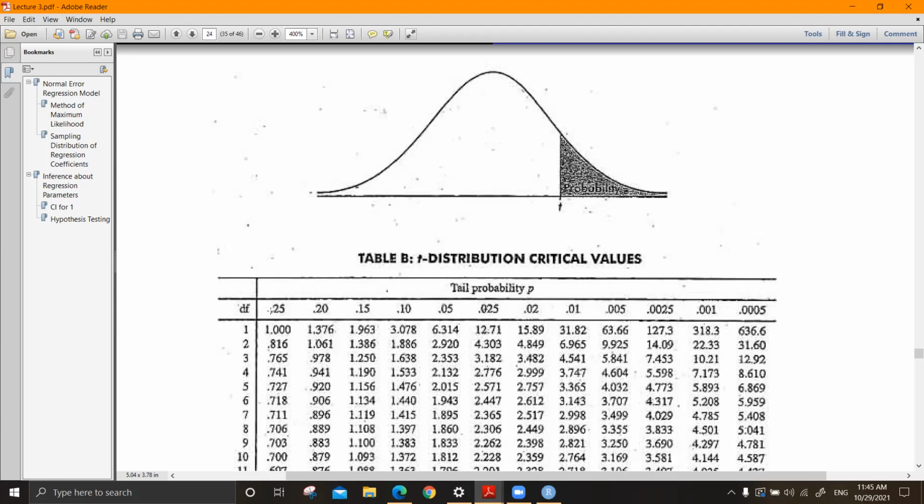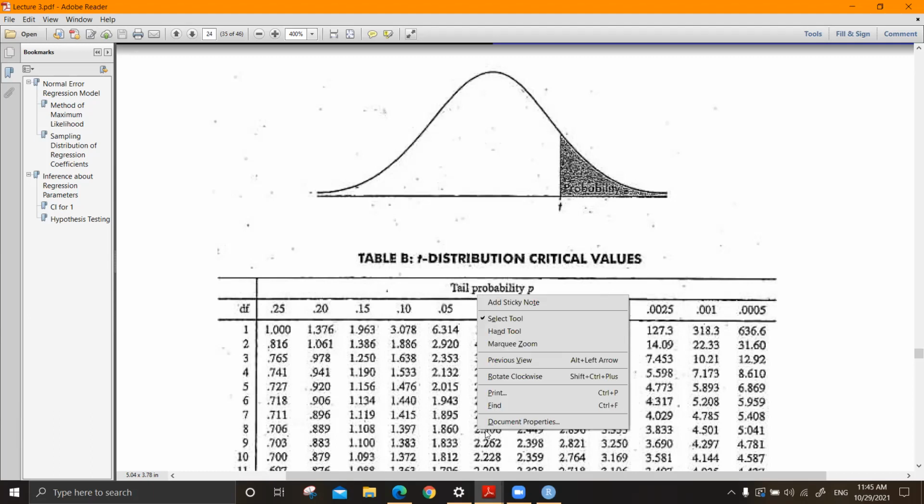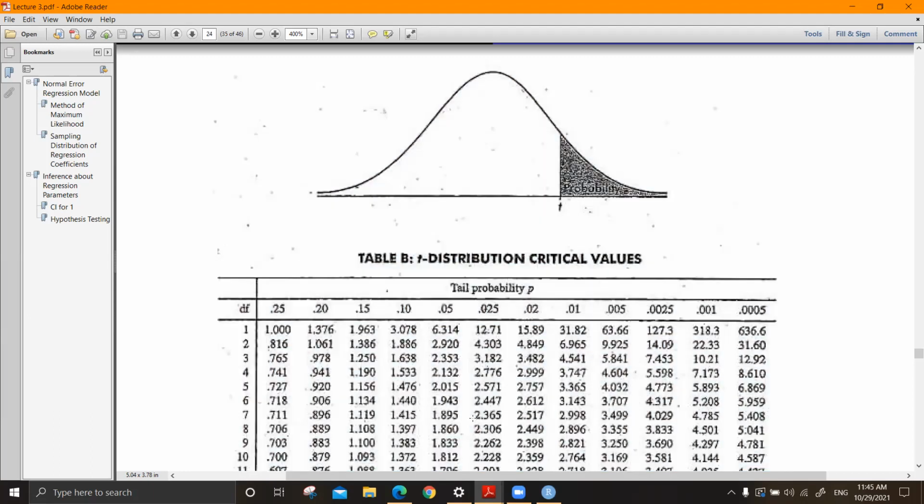Don't confuse, it's not 0.25, it is 0.025, right? So you have to go along this row, this column. So this column and 8th row, it is basically this value. See whether you got this: for 0.025 and degrees of freedom 8, the value is 2.306.